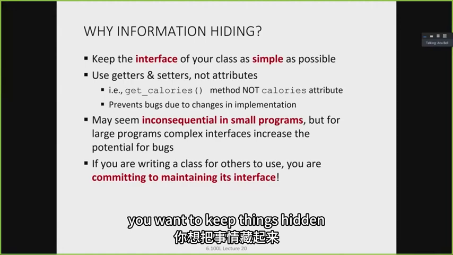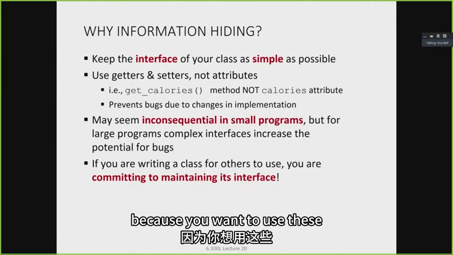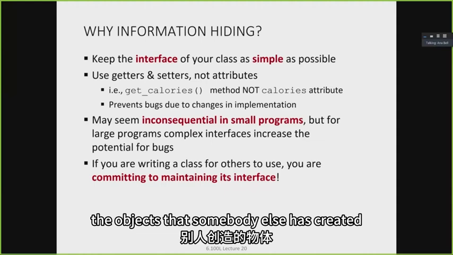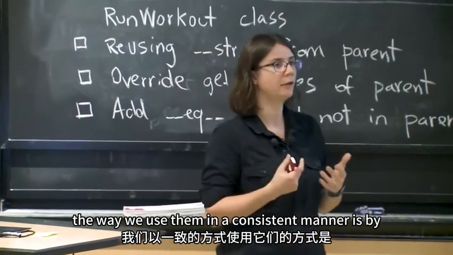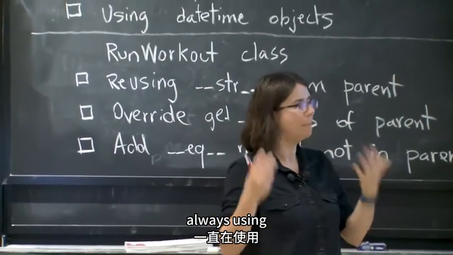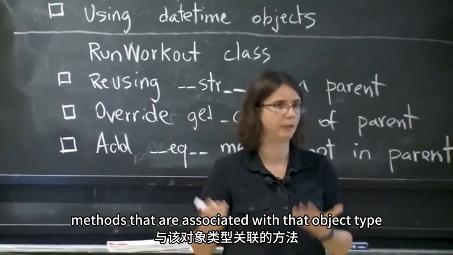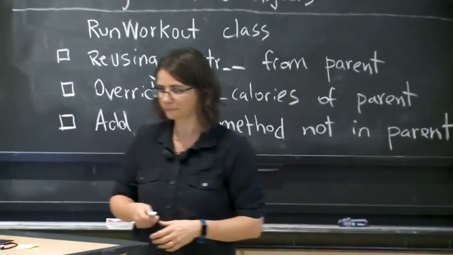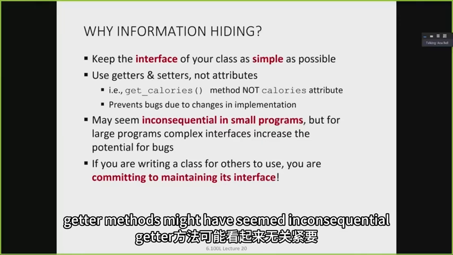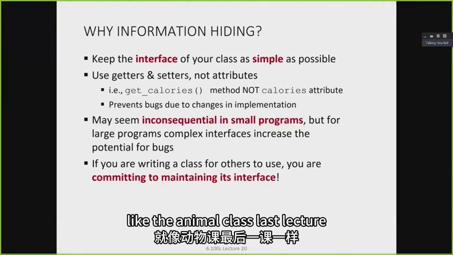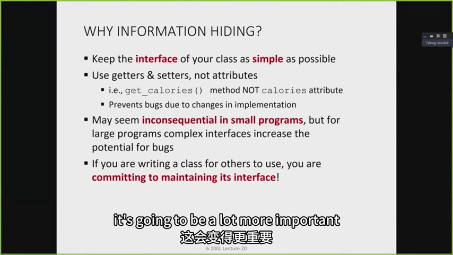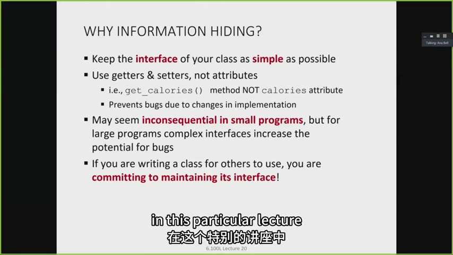You want to keep things hidden because you want to use the objects that somebody else has created in a nicely consistent manner. The way we use them in a consistent manner is by always using methods that are associated with that object type, okay? And so using getter methods might have seemed inconsequential when we wrote the animal class last lecture, but it's going to be a lot more important in this particular lecture.